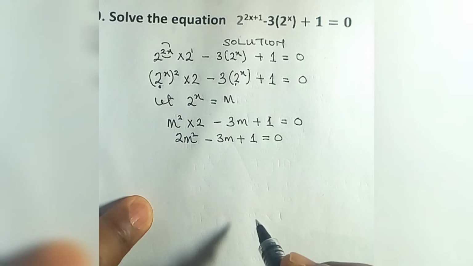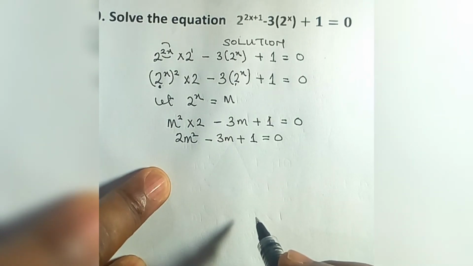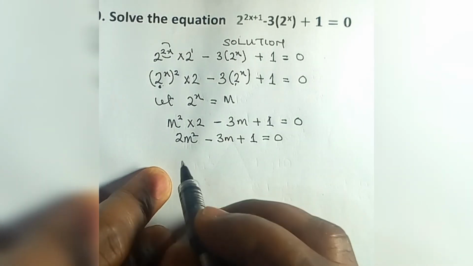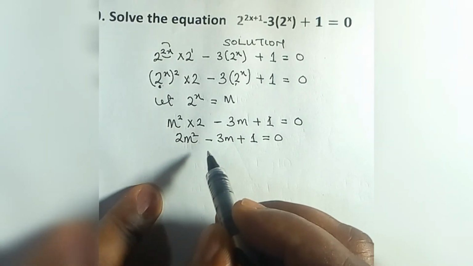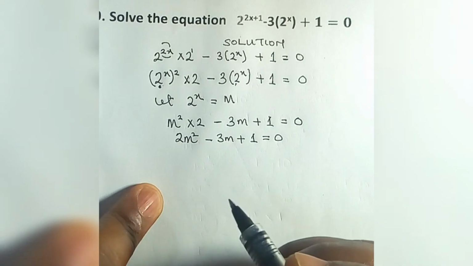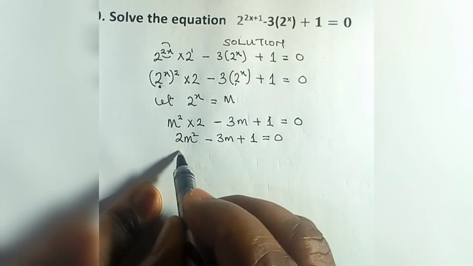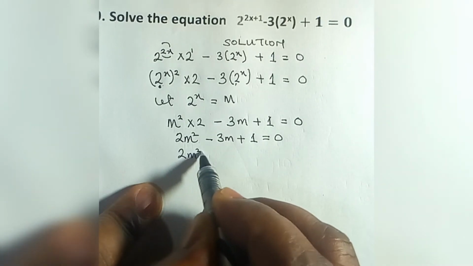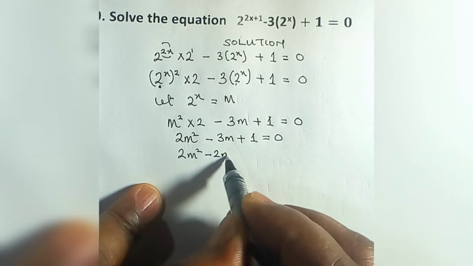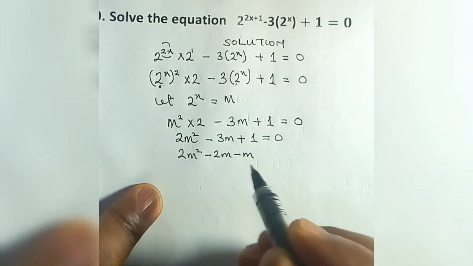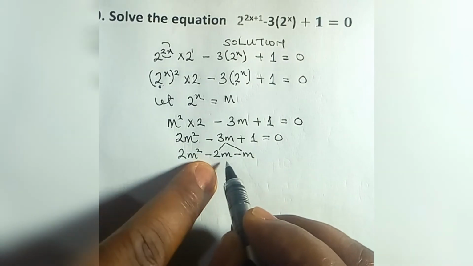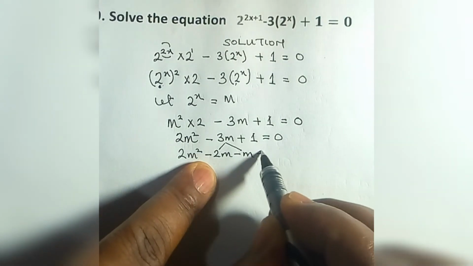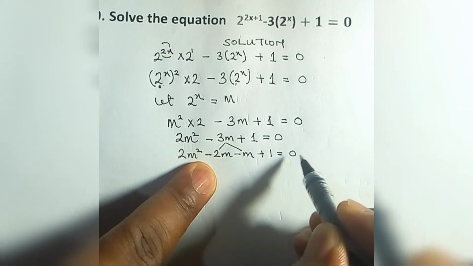Now to solve this quadratic equation, we are going to look for the two factors of 2 that we can add together to give us minus 3, and that will be minus 2 and minus 1. So 2m squared minus 2m minus m, that is to represent 3m, we use minus 2m minus m plus 1 equal to 0.